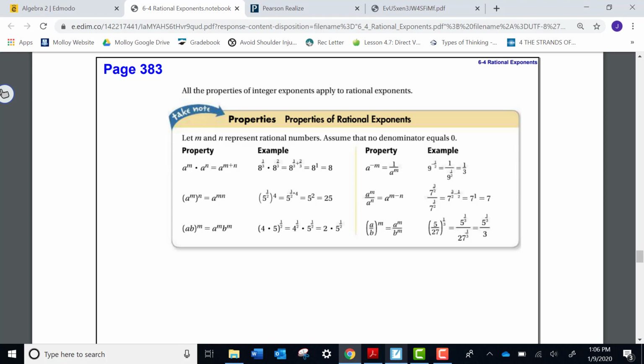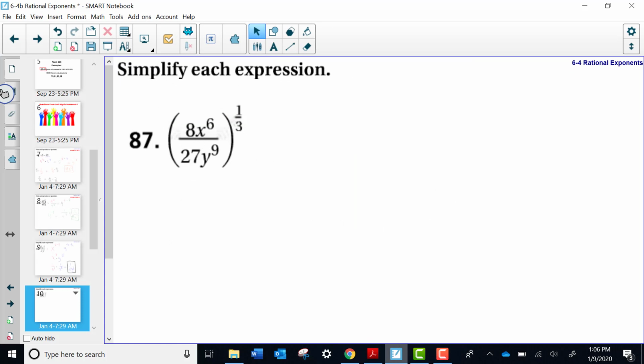If the exponent is outside the parentheses, it goes to every single factor, top and bottom. So take this rule and see if we can apply it to this example here. That 1/3 is outside of the parentheses. You must distribute it to every single factor, top and bottom.